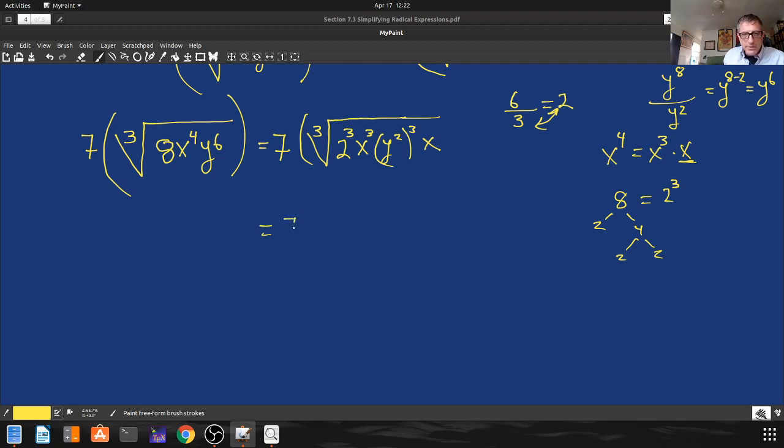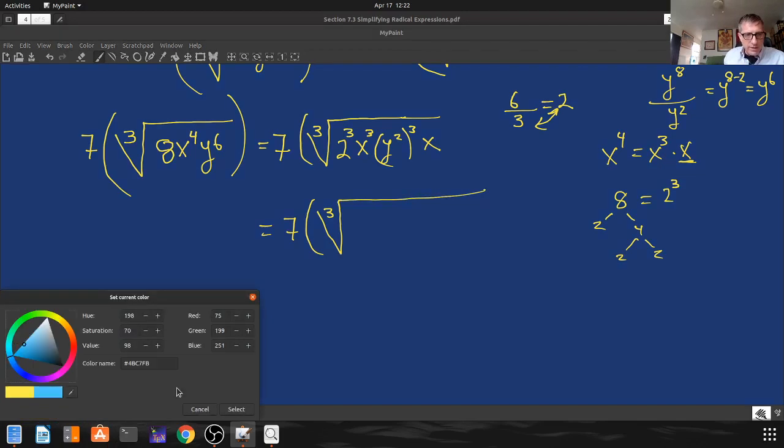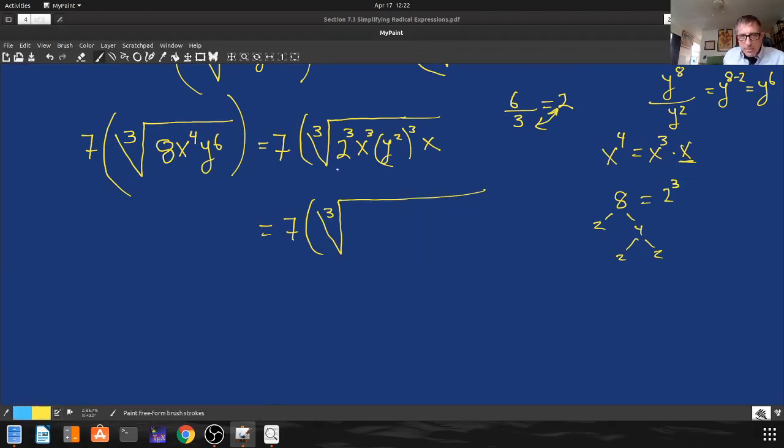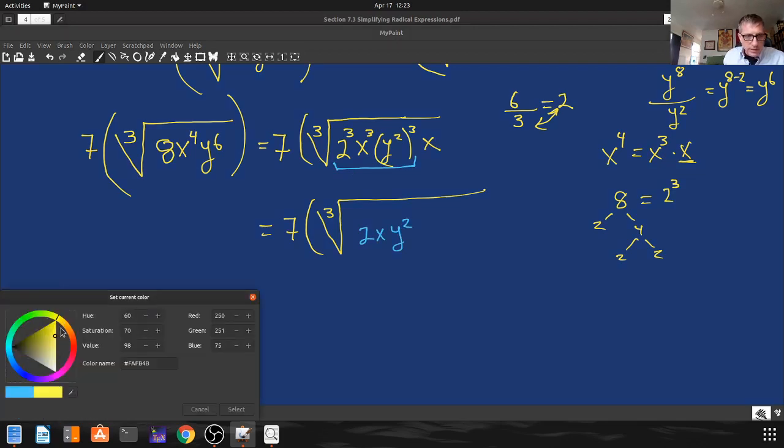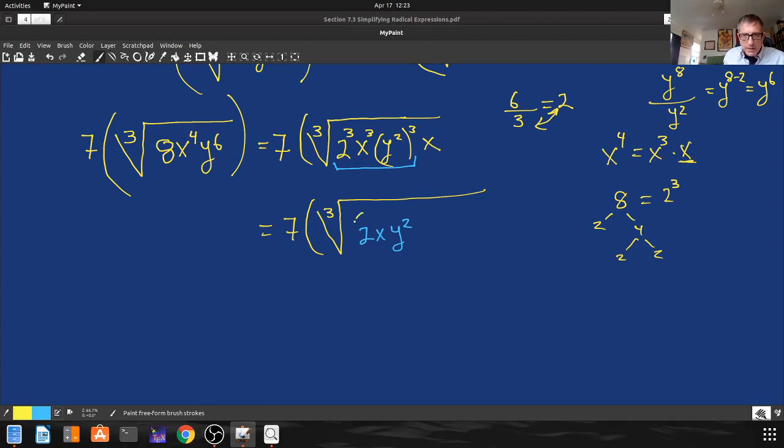This is going to give me 7. You don't have to put the parentheses here. It's understood. So all of these right here are my bases raised to the power of 3. So I'm going to write 2xy squared, and that's going to be raised to the 3rd power times x.